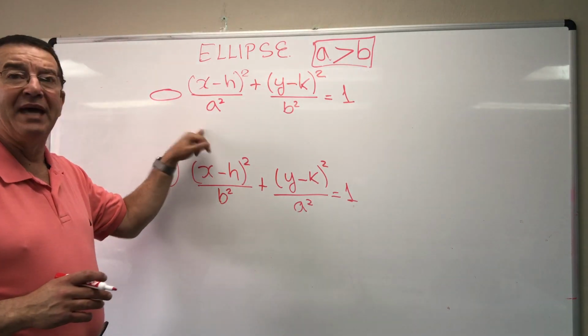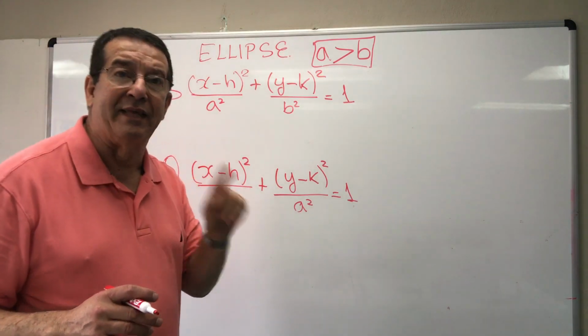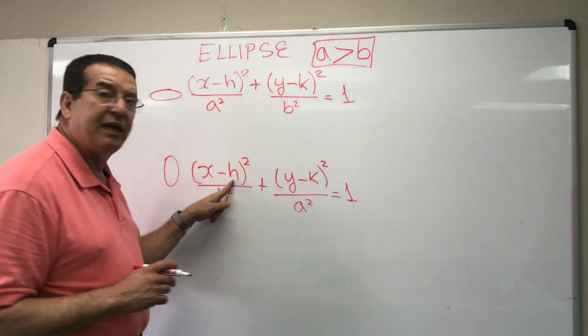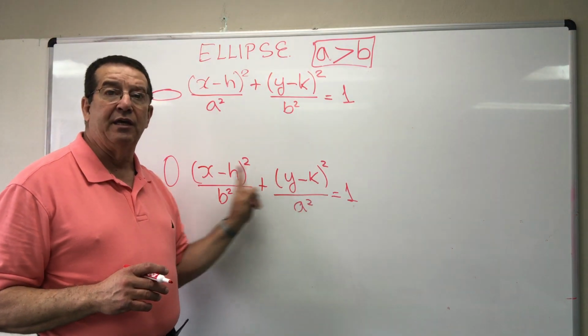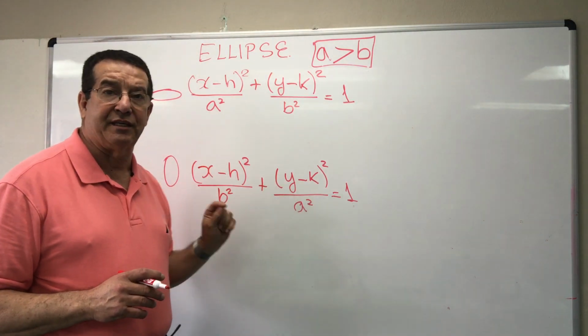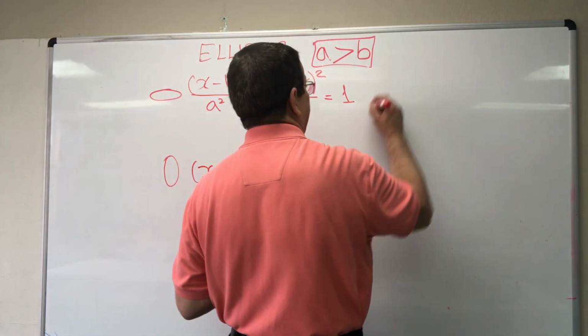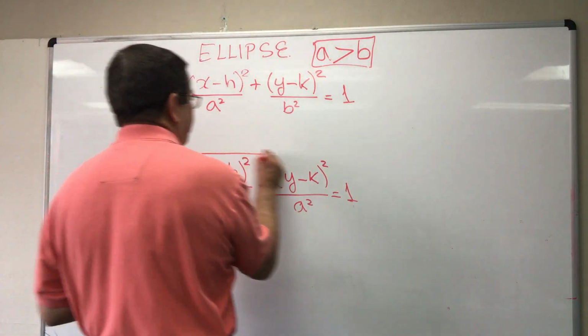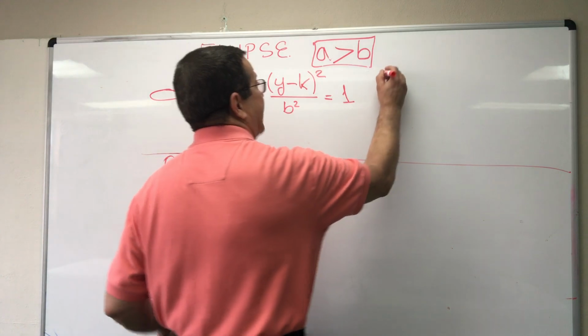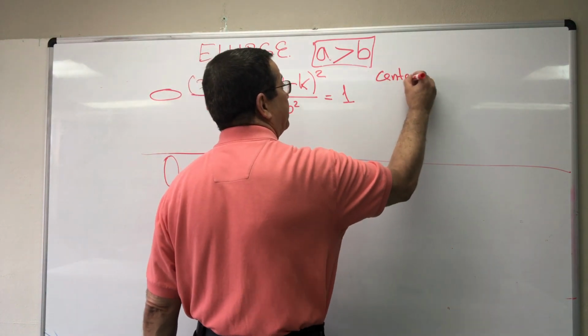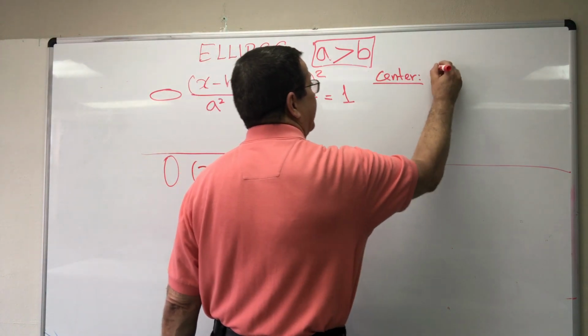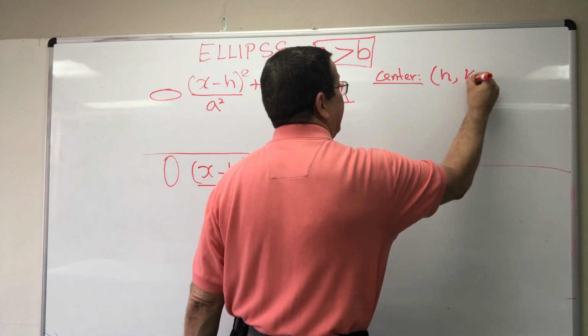Number one, the center of the ellipse. The center is the value of h and the value of k. (h, k) is the center of the ellipse. You need to copy this: center is (h, k).